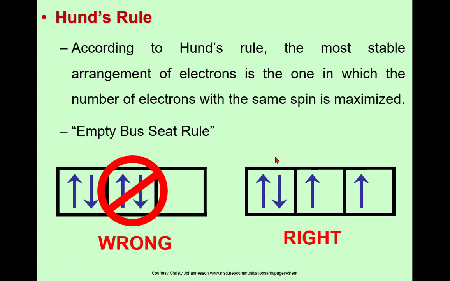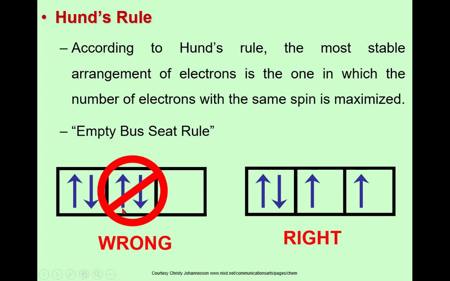If you have space, do not put electrons in the form of a pair; you have to put them singly. What do we get from this, what is the benefit? For example, an electron is free to move here, and here it is also free to move, but here you have no possibility, so it's okay to put a pair here. This pairing cancels the spinning of the electrons against each other.